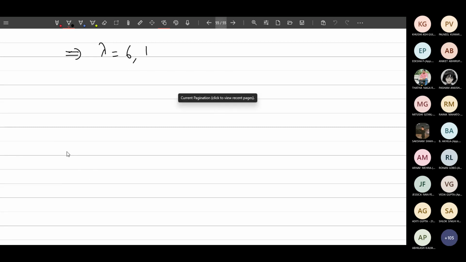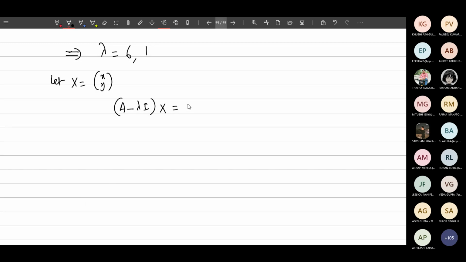Now if I denote the components x, y as x, that means the eigenvector, then A minus lambda I into x equal to 0 is a linear system. So this means the matrix 5 minus lambda, 4, 1, 2 minus lambda, times the column vector x, equals 0, 0.